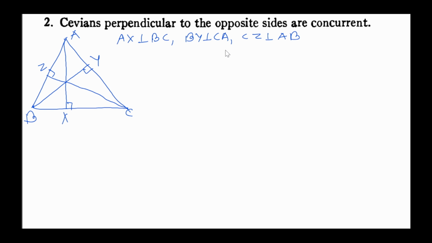That is the given condition in the problem. Now from triangle ABX, which is a right angle triangle, we know that AX divided by BX is equal to tan B.